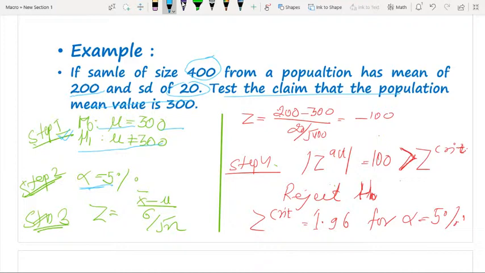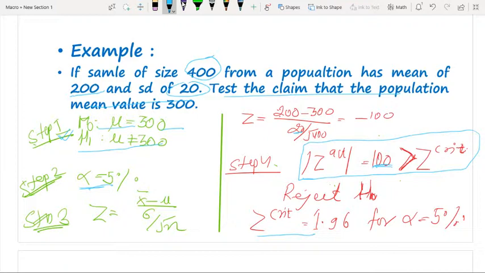Since our sample size is fairly large, we use the sample standard deviation instead of the population standard deviation, divided by the square root of sample size 400. So this leads us to the calculated value of Z statistic being 100 in absolute terms. Now we compare this calculated value of Z statistic with the critical value.